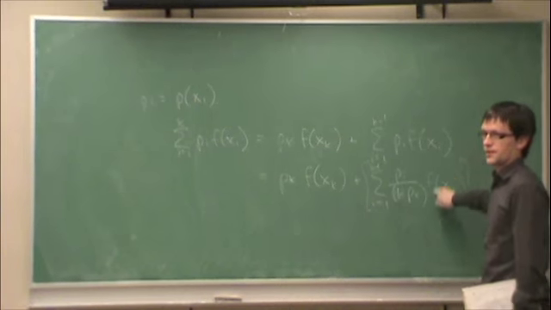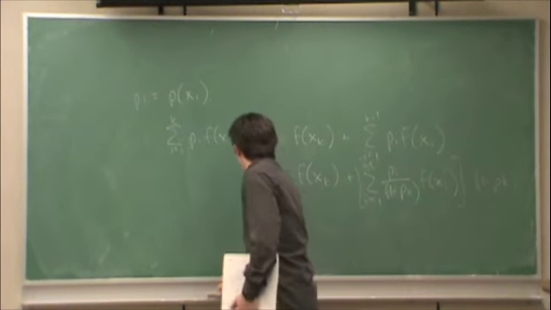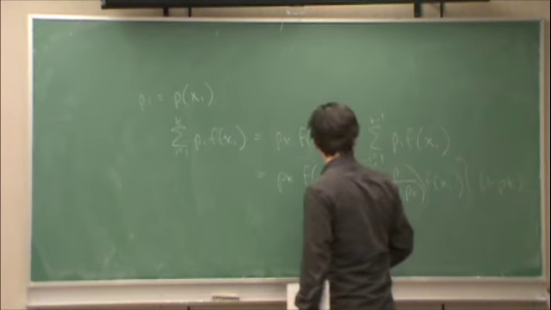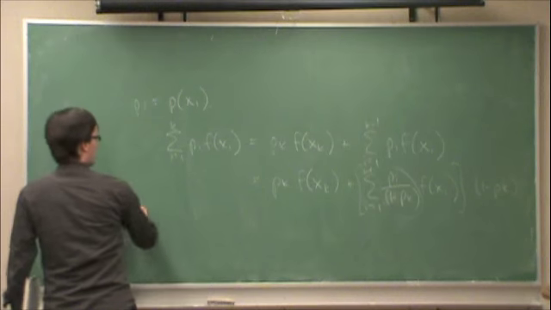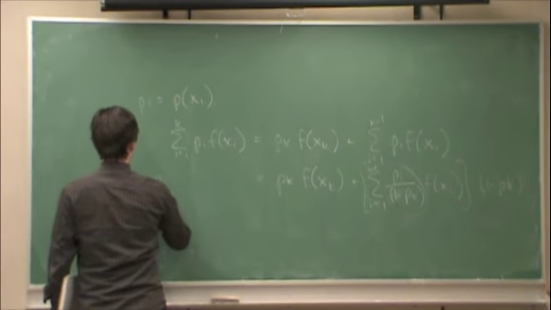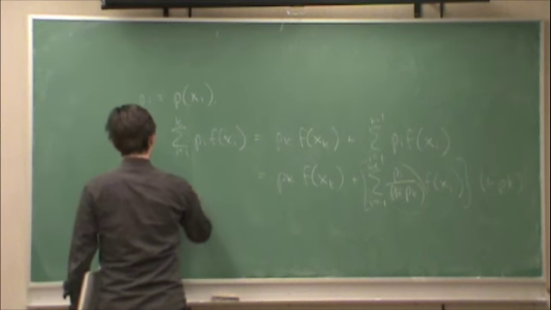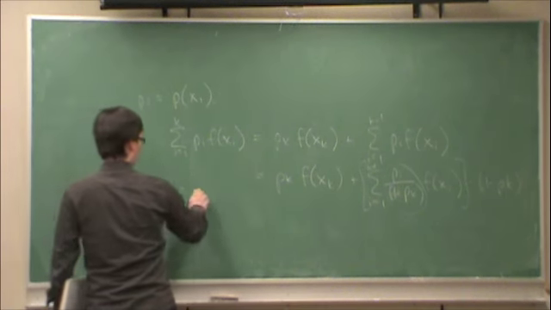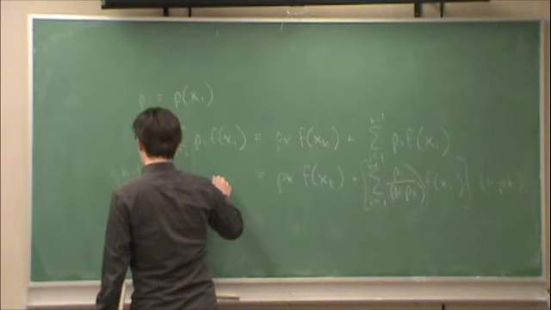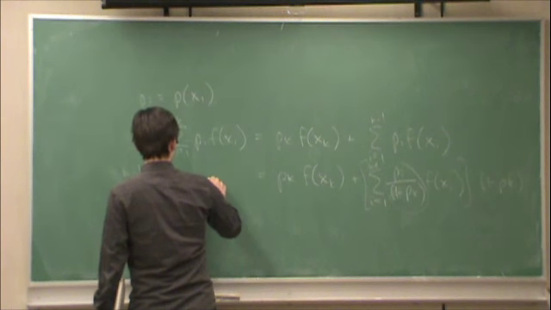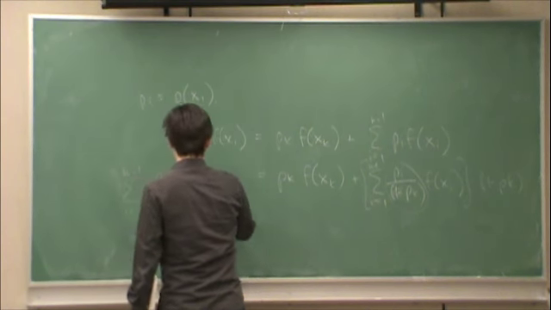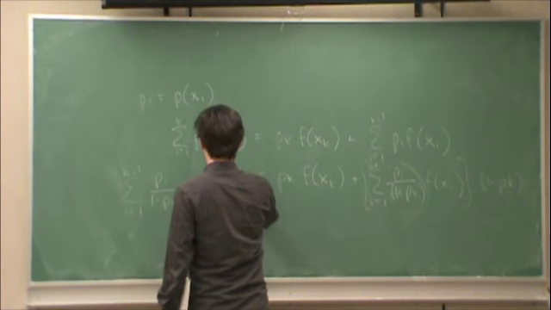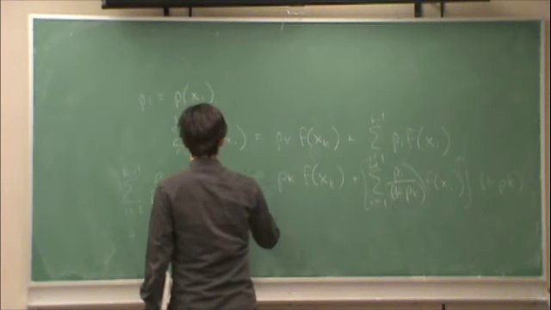So I've multiplied this by 1. Now, look at this. The sum of pi over 1 minus pk, from i equals 1 to k minus 1, is equal to 1 over 1 minus pk times the sum from i equals 1 to k minus 1 of pi.